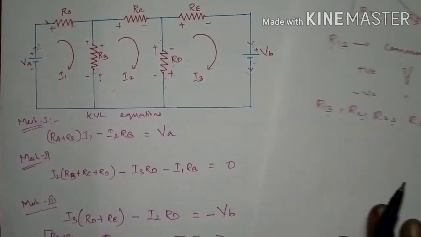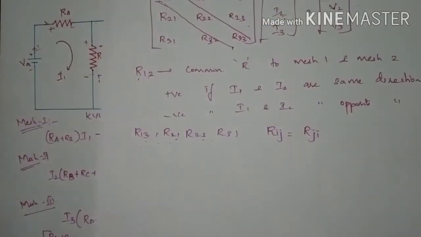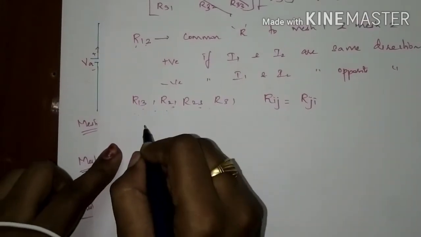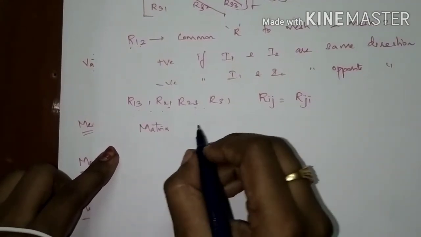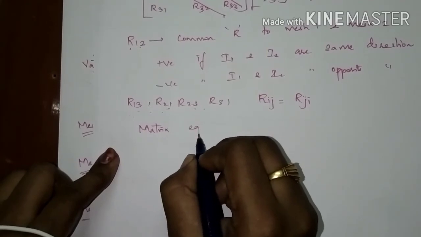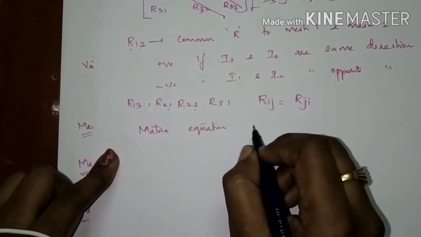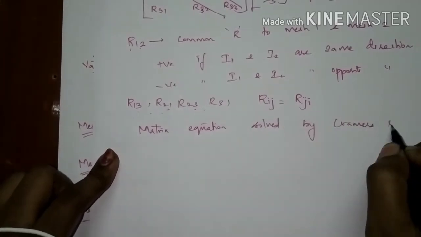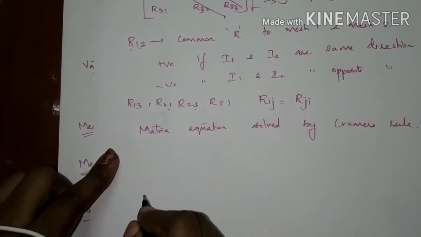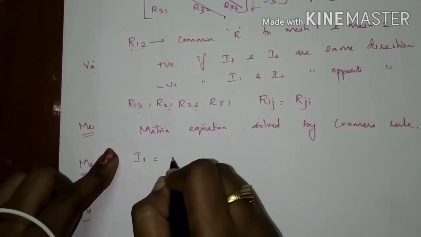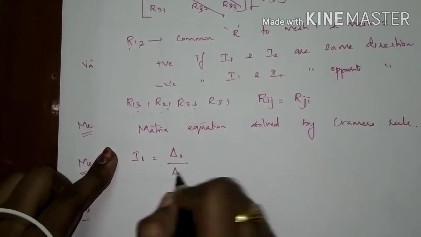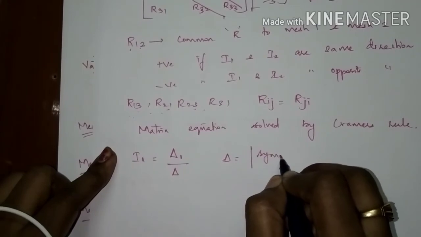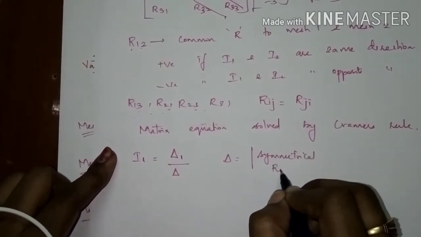Okay. The matrix equation can be solved by using Cramer's rule, which we are aware of from the matrices and determinants topic. The I1 current can be found by del 1 divided by del. Your del value is the determinant of the symmetric resistance matrix.